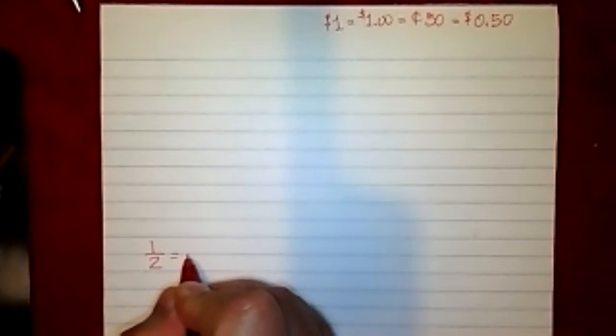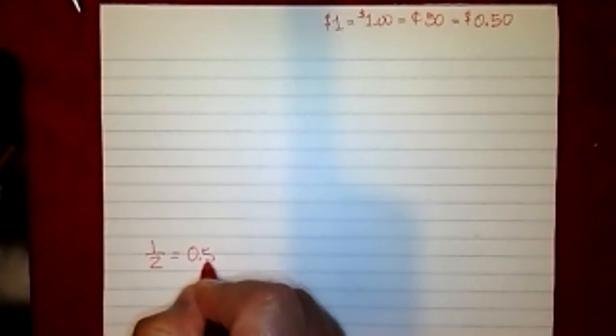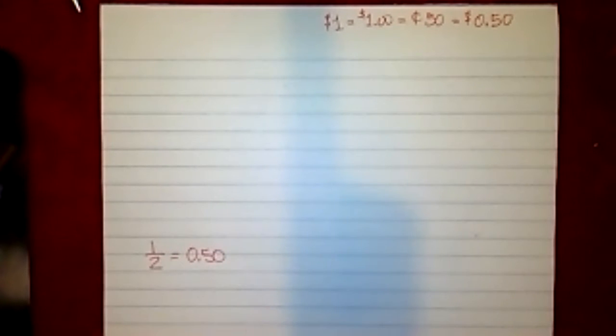That'll help you. So for instance, right now, I'm going to try to tackle the fraction 1/2. Well, I know half of a dollar is in fact 50 cents, and 50 cents is literally listed as 0.50. So I know already that 1/2 is 0.50, and actually it goes zero forever.